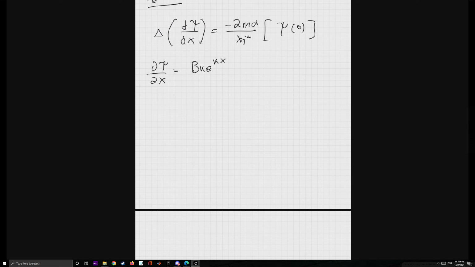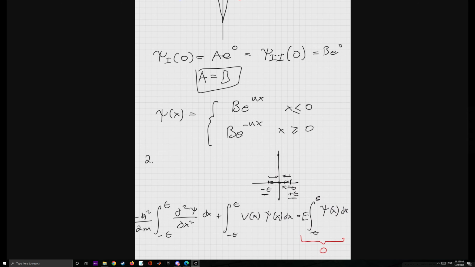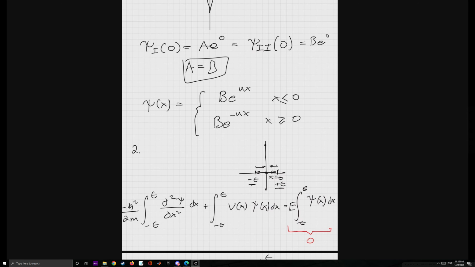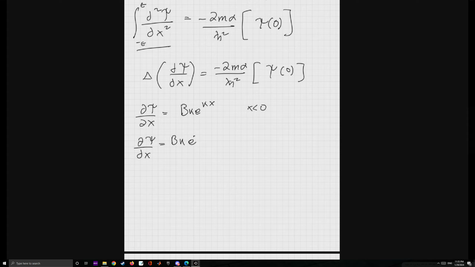That's all d psi dx is. And then let us do the same thing for the other one. For x greater than 0, we get the negative kx, so b k, and there's a negative over here.